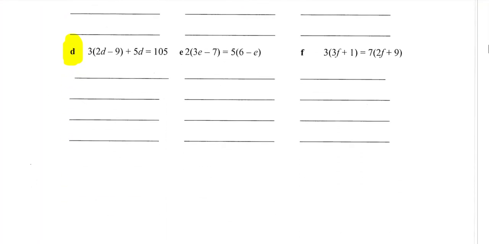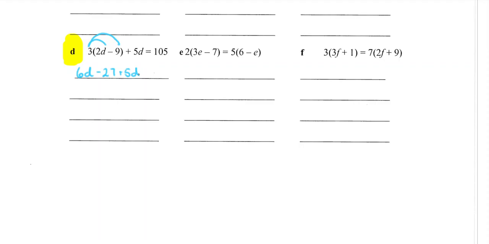All right, D. I wanted to do this one because it's a bit harder. You got brackets and multiple D's in this question. So first of all, let's expand out. 3 times 2D makes 6D. 3 times minus 9 is negative 27. Then you have the plus 5D. It's not part of the bracket, so don't multiply it.